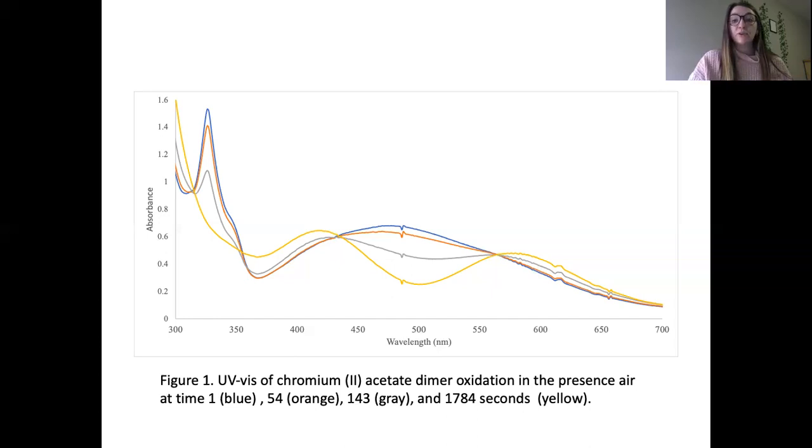So as more chromium 3+ is in solution, we see an increase in that absorbance at that wavelength, which makes sense because as time goes on and more oxygen enters, chromium 2+ is able to reduce it and become chromium 3+. So we're going to see more of that in solution and more of that being observed.